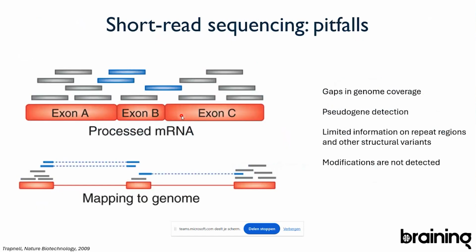Generally, we say that these techniques are short-read sequencing, because you cut up your DNA or RNA molecules into shorter pieces. So your readout will be small sequences of 300, 400, 500 base pairs. To make sense of those sequences, we need to map them onto the genome.